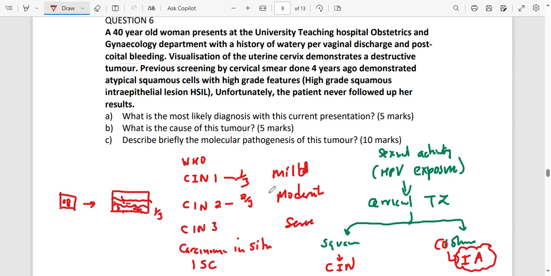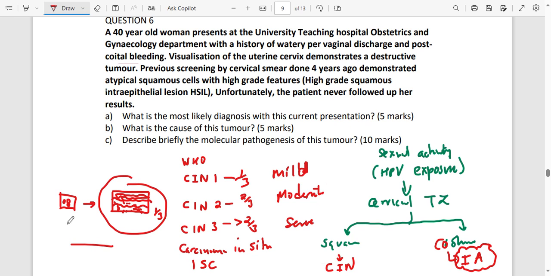So severe dysplasia is where the condition is affecting greater than two-thirds of the cervix. And then for carcinoma in situ, this is where the entire cervix is being affected. So all the cells are dysplastic, but it is not yet malignant, because it has not yet metastasized. The cells have not started moving yet. And after carcinoma in situ, that's when you're going to have the invasive squamous cell carcinoma.